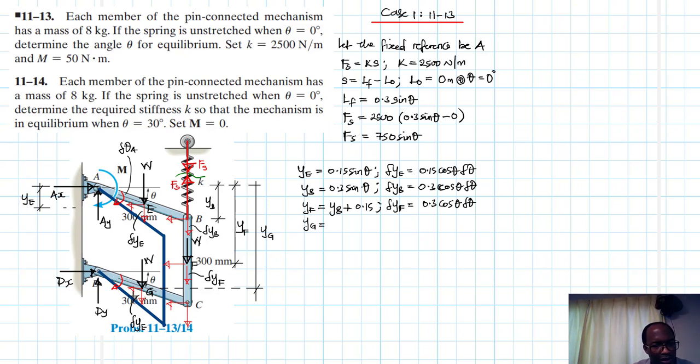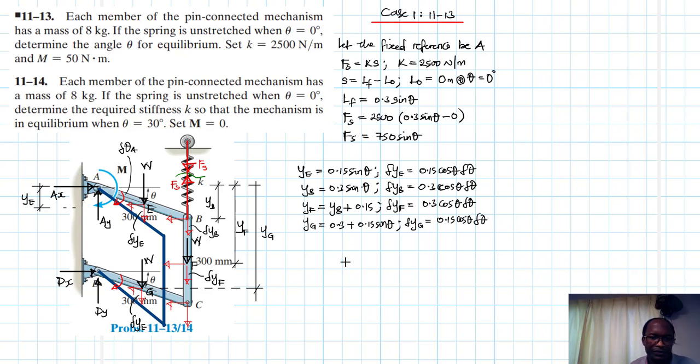So it will be 0.3 plus half this length. So we have 0.3 plus 0.3 plus 0.15 sine theta, and therefore del yG is just going to be equal to the derivative, just 0.15 cos theta del theta.